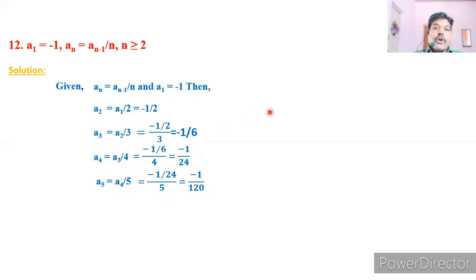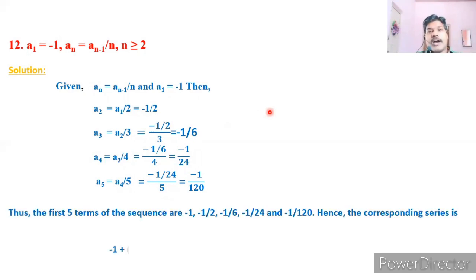So therefore, the first 5 terms of the sequence are minus 1, minus 1 by 2, minus 1 by 6, minus 1 by 24 and minus 1 by 120.